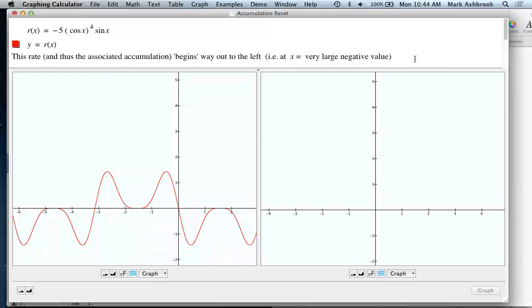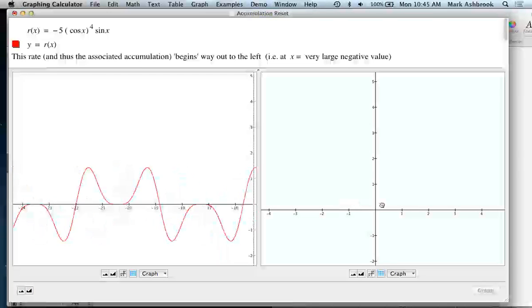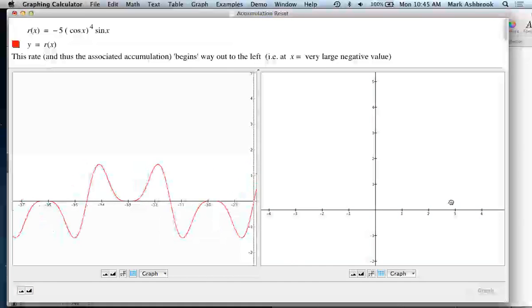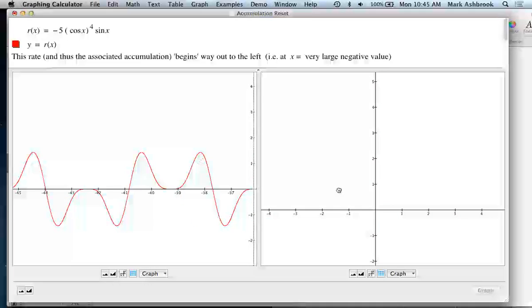This rate function, just as it is, we can think of the rate and the associated accumulation beginning, at what we call a, way out to the left at a very large negative value. And then working its way for x positive.